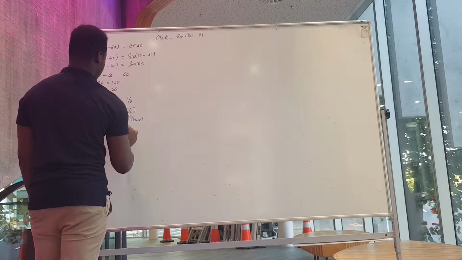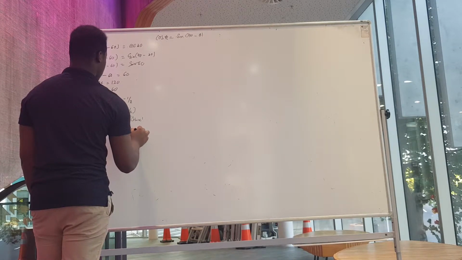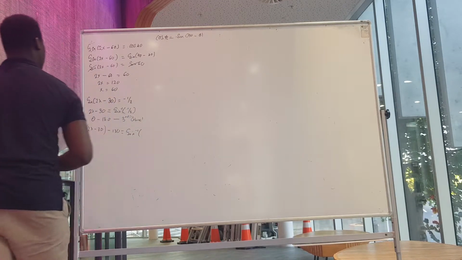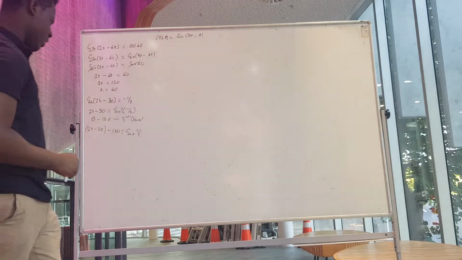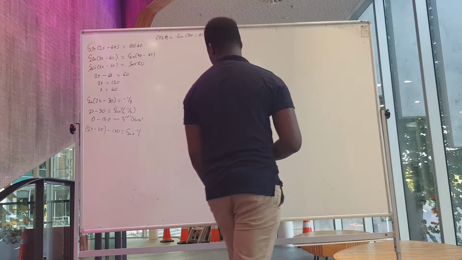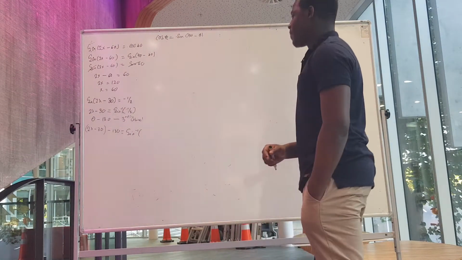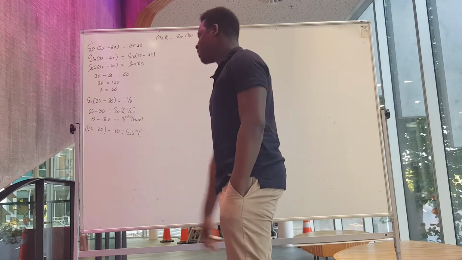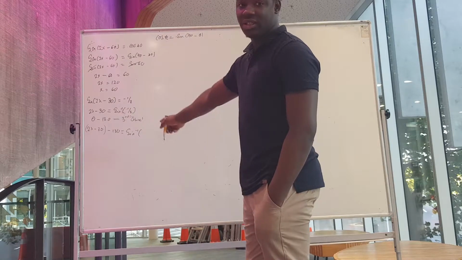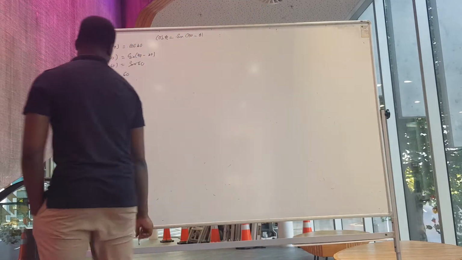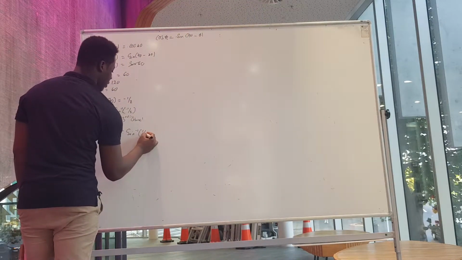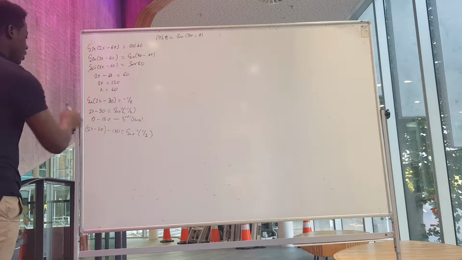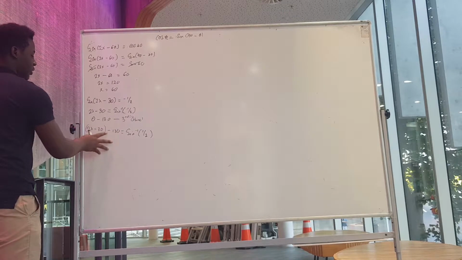sine inverse of, is it going to be a half or negative a half, or negative 1 over 2? Well, if we are already reducing this in the third quadrant, we have to change that to 1 divided by 2, because we're already changing it to the reduced form.